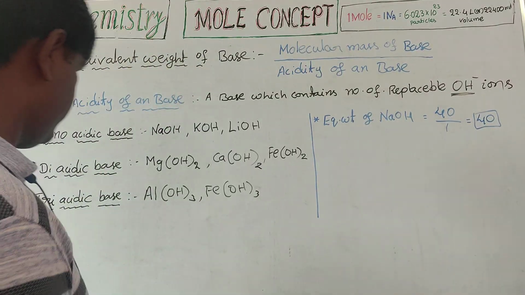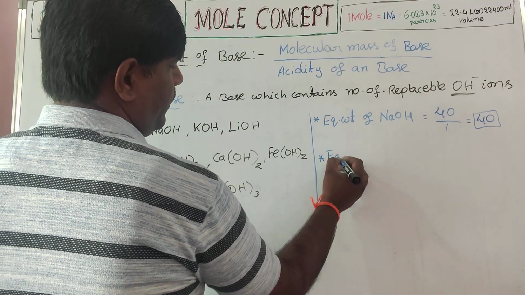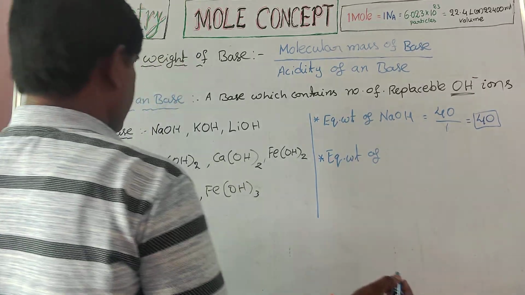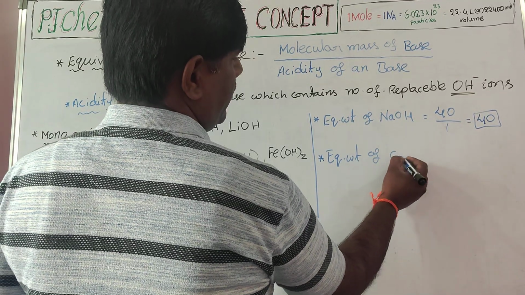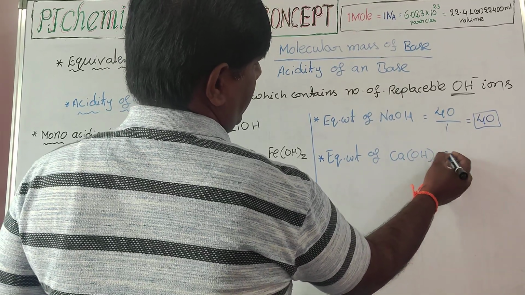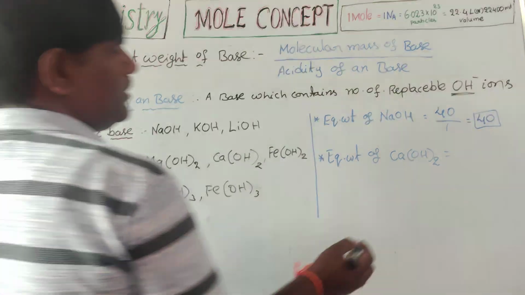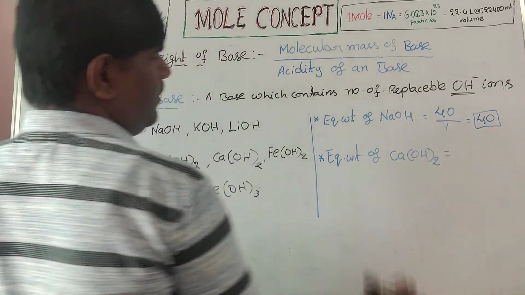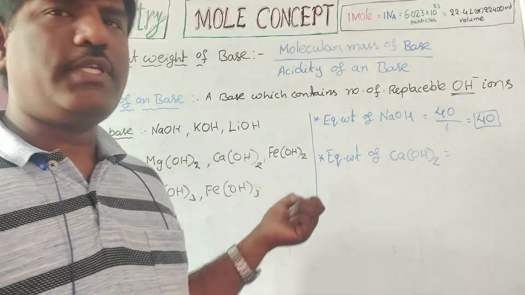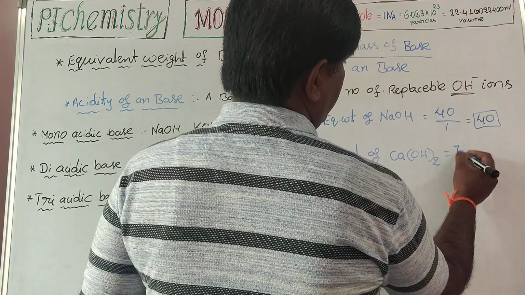Next, calculate the equivalent weight of calcium hydroxide, Ca(OH)2. Calcium mass number 40, 2 oxygens 32, 40 plus 32 is 72, and 2 hydrogens, 74.